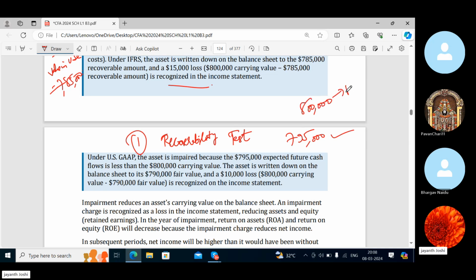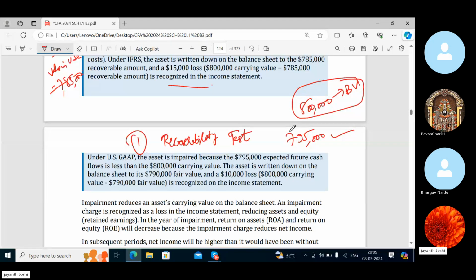This is the book value. I'm not using carrying amount; carrying amount is generally used for IFRS, book value for US GAAP. You have to recover this book value, right? But are you able to recover it? No, you are getting less. Please tell me yes or no. Yes, you have not been able to recover this value.